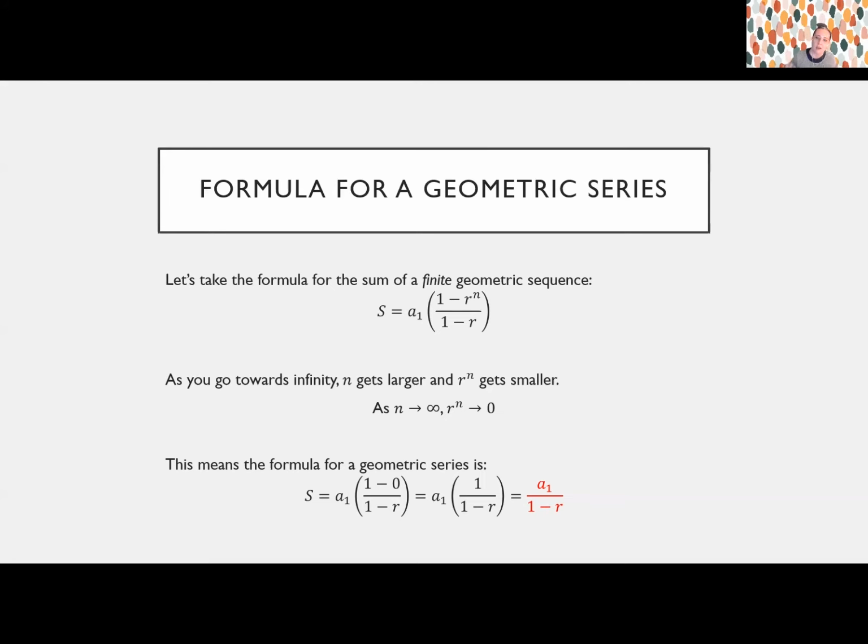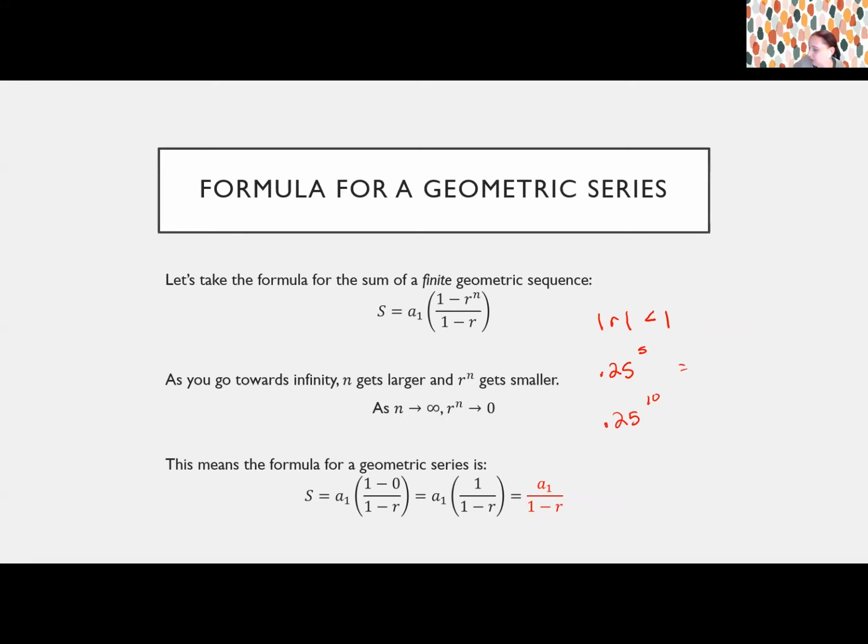But if you think about what R is, R is a ratio, and for the most part, the value for R, whether it's positive or negative, is usually less than 1. So let's say you have an R of 0.25. The higher the exponents, the smaller the number gets.